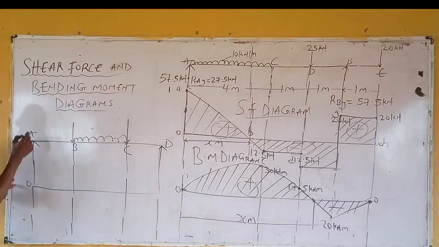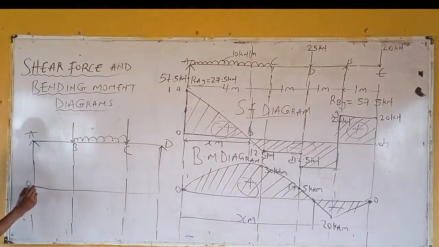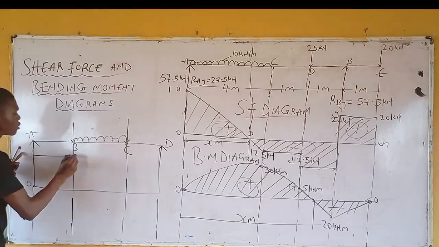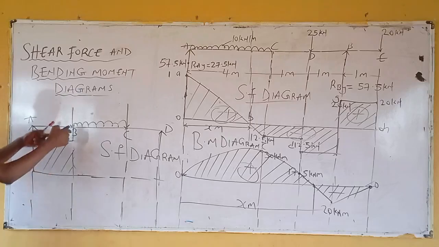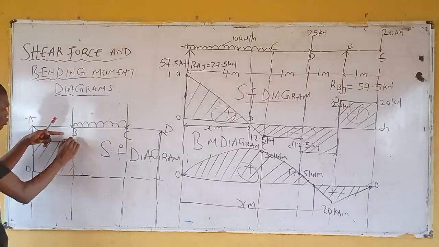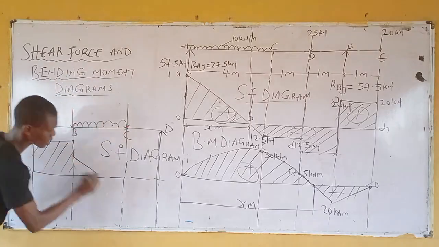This is 0. At A, I'm having a support. I still have the shear force as that support, so it is going upward. A to B, what do I have? A beam. Draw a horizontal line. On getting to B, I'm having a point load, so it has to come down. B to C, slant.